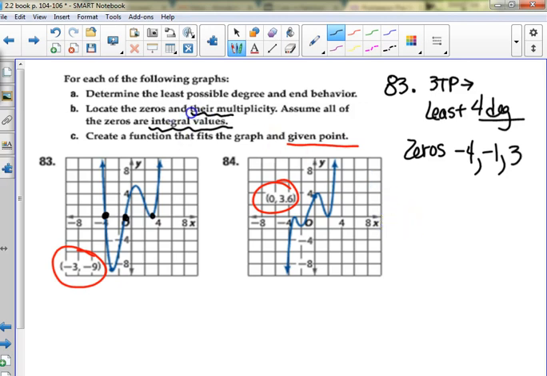And their multiplicity. I need someone to explain which one has a multiplicity and why. Samantha, nice and loud. Okay. Does everybody see? Because it's doing a bounce there. We have to have an even multiplicity. They asked me earlier today, I don't get it. What do you keep saying? Okay, it's like a little mini parabola right there.